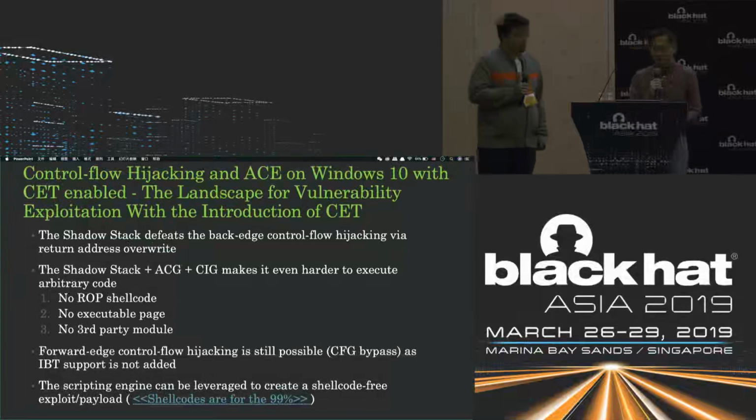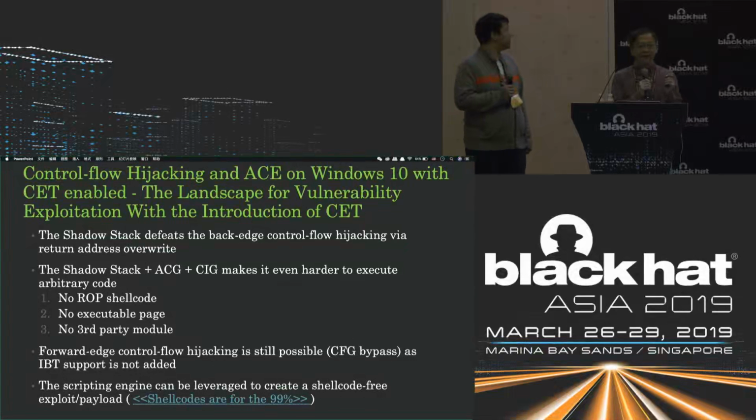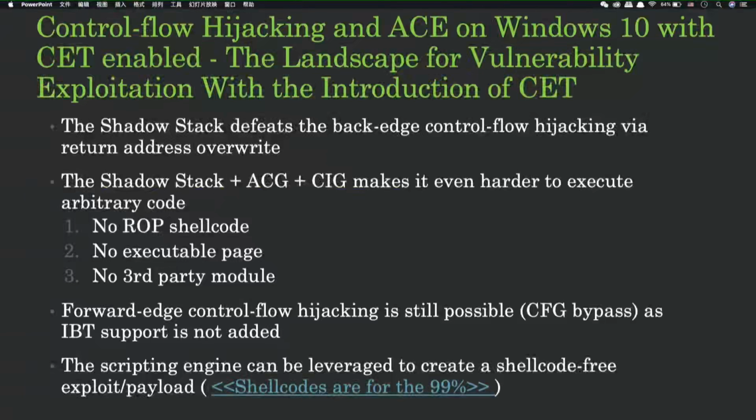First of all, we believe the CET shadow stack itself defeats the backward-edge control flow hijacking via return address overwrite. The way it does this is through hardware, and only a certain set of instructions can be used to modify the content on the shadow stack.